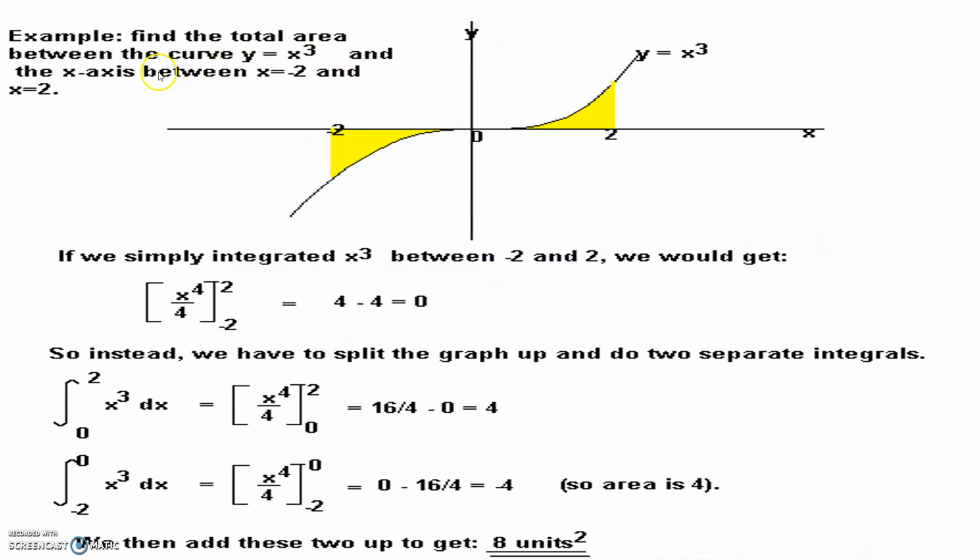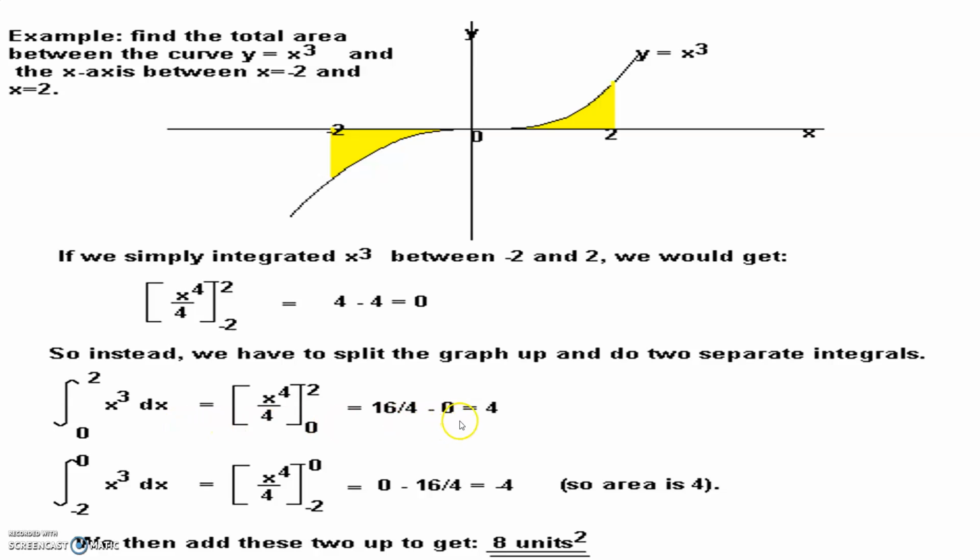Find the total area between the curve y is equal to x cube and the x axis, from x equal to minus 2 to plus 2. Directly we put the formula: integration of x cube is x raised to 4 upon 4. Upper limit 2, lower limit 0, we consider using the definite integral property, and upper limit 0 and lower limit minus 2, because it is minus 2 to 2, so we use the property.